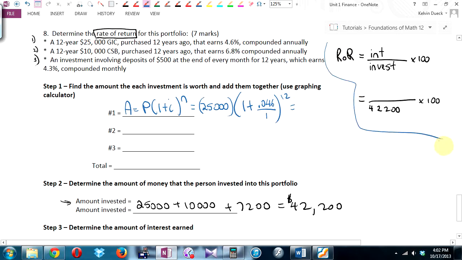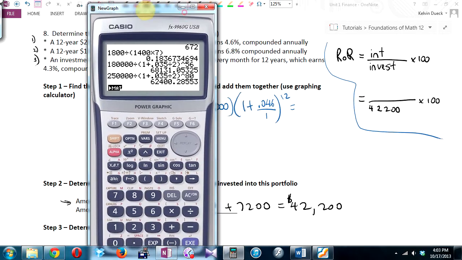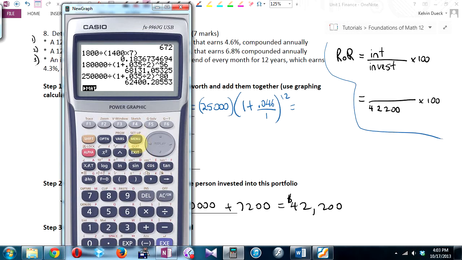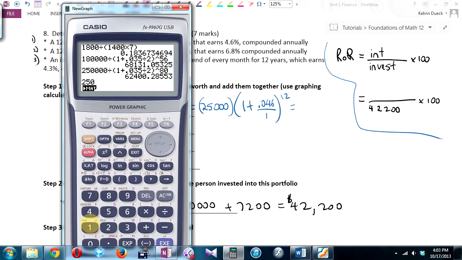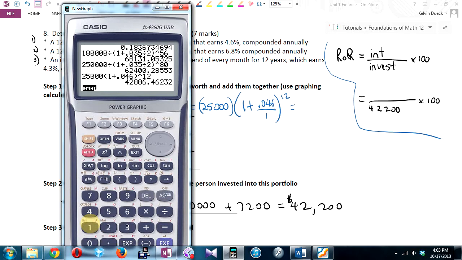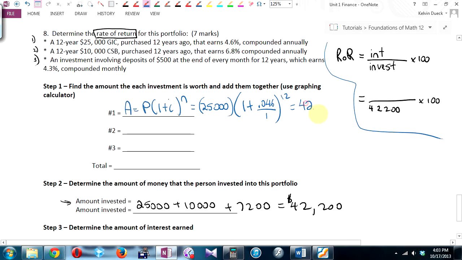Can you crunch that for me, please? $25,000 times bracket 1 plus 0.046. Do I really need to divide by 1? That's not going to make a difference. To the power of 12. So that investment will be worth $42,886.46.